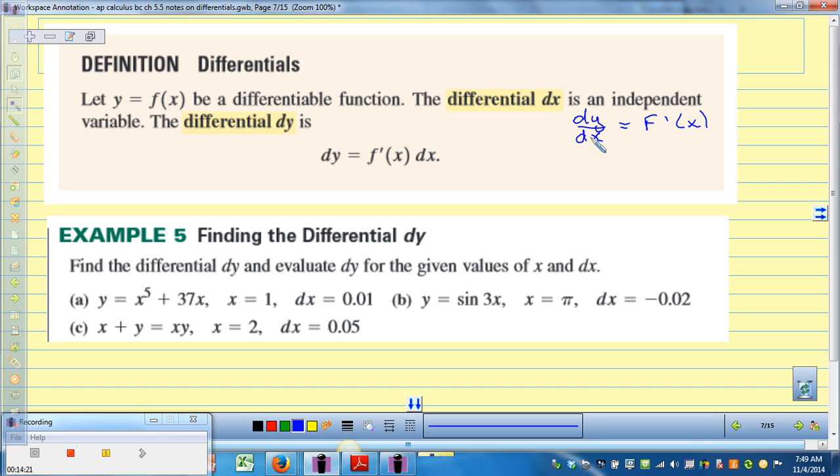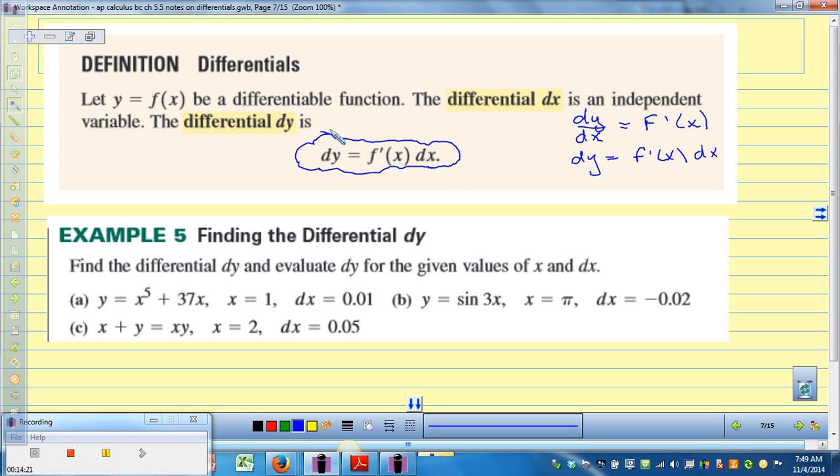And if it's a tiny change, we write a lowercase d, for the differential. So, if I wanted to find the differential dy, well, what would I do in this equation? You just treat this like an algebraic equation. Multiply by dx, yeah. So we would get dy equals f prime of x dx, which is exactly what we have here.